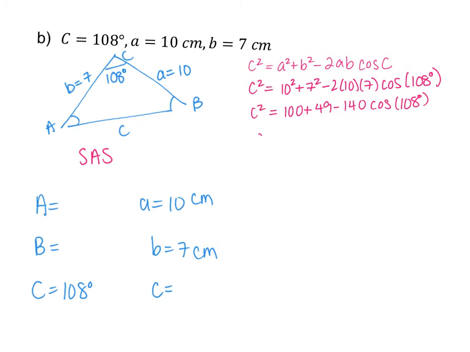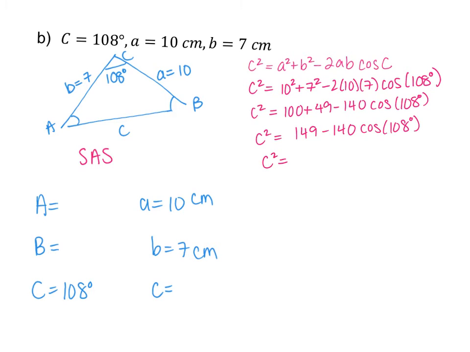And this is still c squared, so I'll just bring that side down. If I add the 100 and the 49, because they're like terms, I'd have 149. This is the part where I plug all of this into the calculator. There shouldn't be any issues because there are no more exponents. So I'm taking 149 and subtracting this product from it.